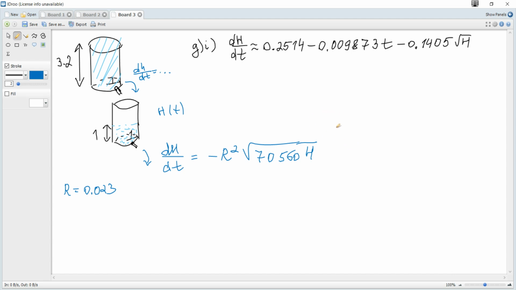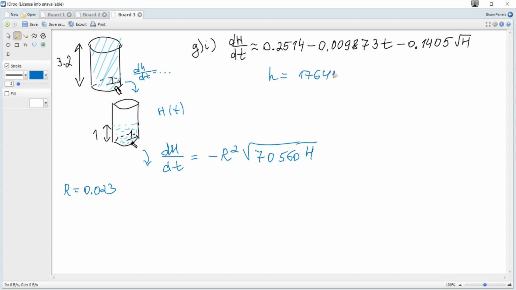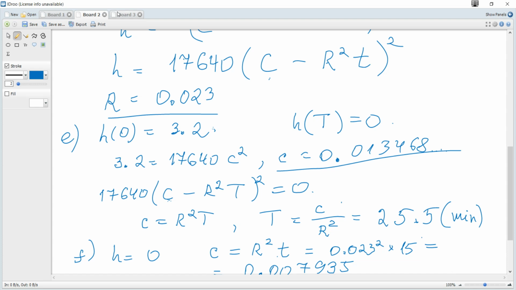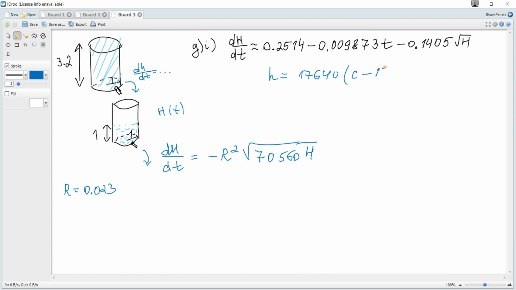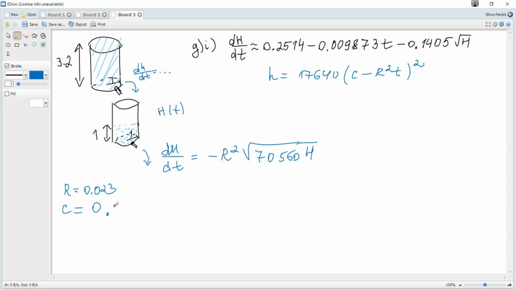So we should consider the next, that h is equal to this 17 something and c minus r squared t and squared, and c is equal to, r is the same and c is equal to, we should be exact, 0.013468 and so on.